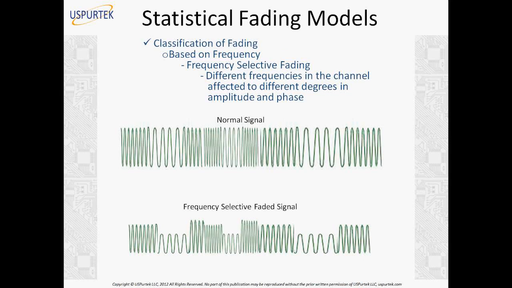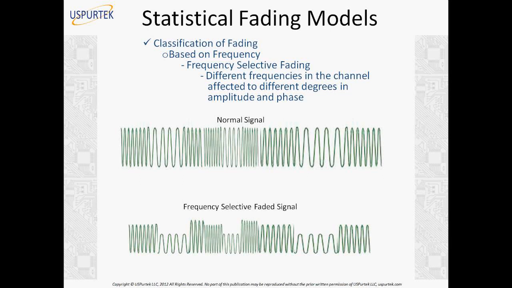So if each component of a frequency band fades to a different extent, then we get this frequency selective fading. Here it's a little more challenging because if your signal content is spread out on all these frequency components, then part of the information content in the signal will be faded. You will lose part of the content, right? And it will be hard to recover that. Although there are schemes to do that, it still presents more challenges.